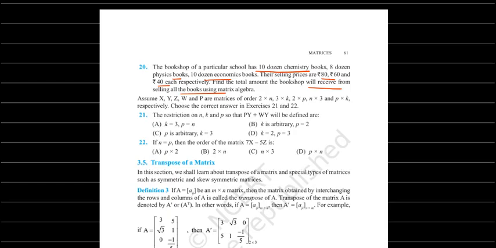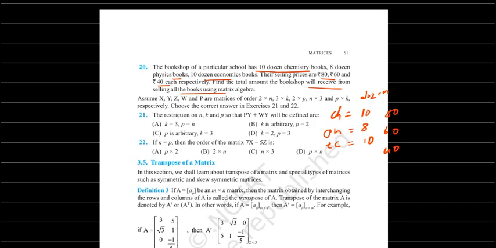You see how many dozen the chemistry book has? He has 10 dozen. You can consider it is in dozens. How many dozen the physics book has? He has 8 dozen. And economics books he has 10 dozen. If you do this multiplication, 80 into 60 into 40, we will get the answer.